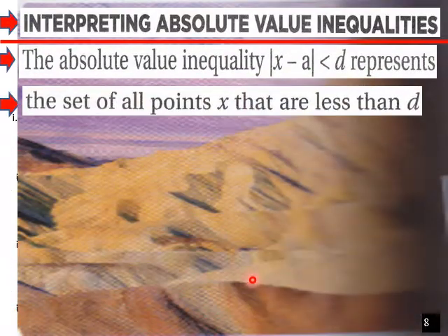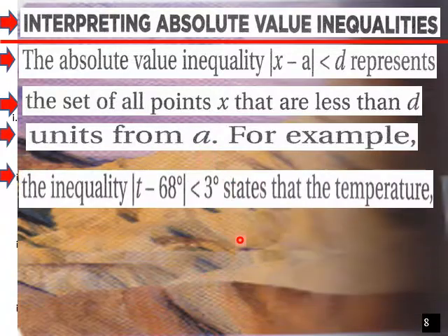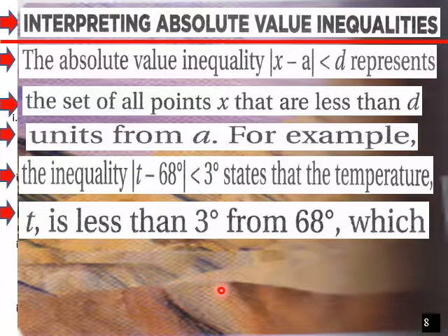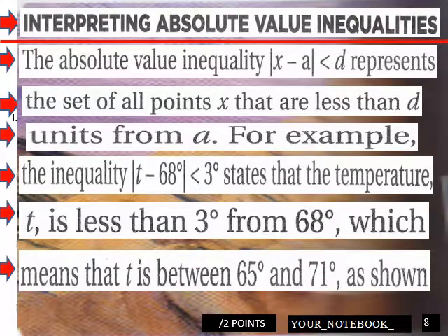Interpreting absolute value inequalities: the inequality |x minus a| less than d represents the set of all points x that are less than d units from a. For example, the inequality |t minus 68 degrees| less than 3 degrees states that the temperature t is less than 3 degrees from 68 degrees, which means that t is between 65 and 71, as shown.